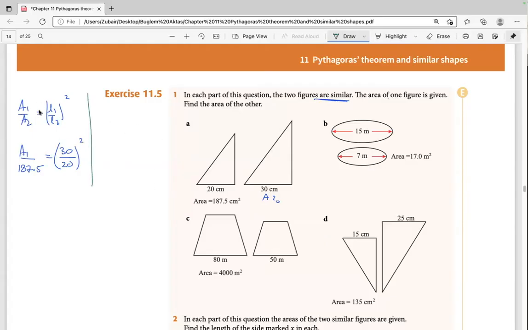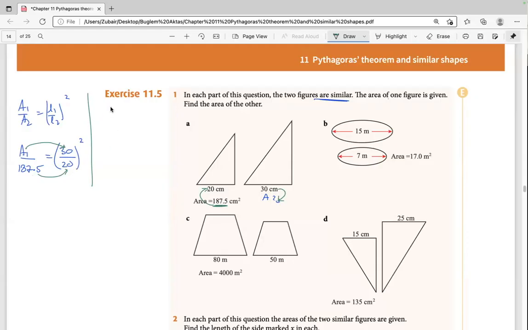We just need to be sure that this is with 30 and this is with 20. 187.5 is corresponding to 20, and 30 is corresponding to this unknown. So if I've written them in front of each other, A1 in front of 30 and 187.5, which is known, in front of 20.